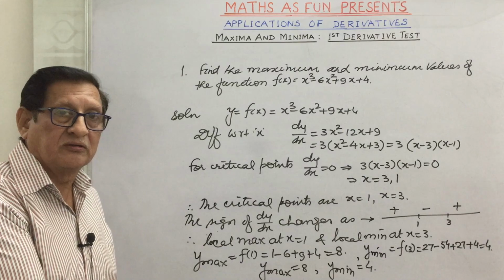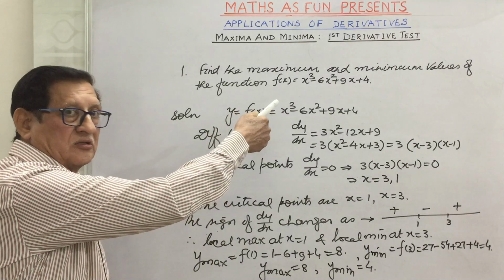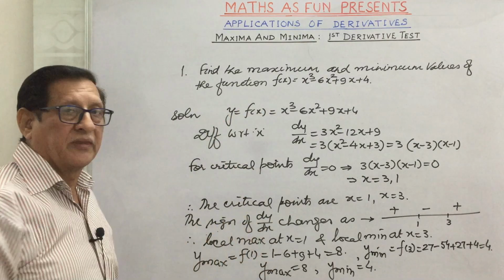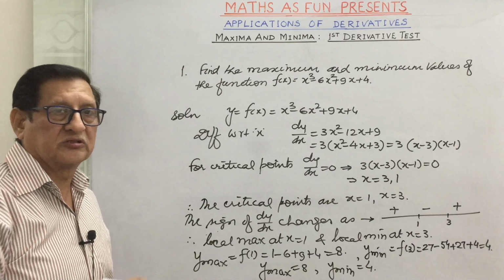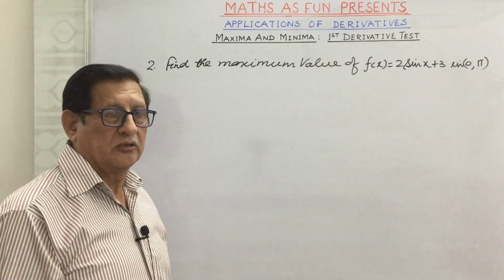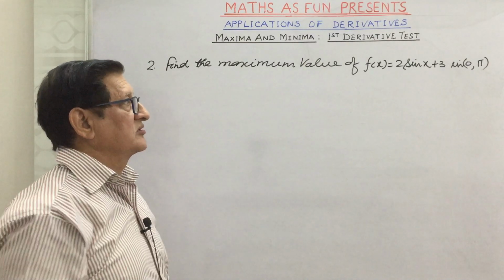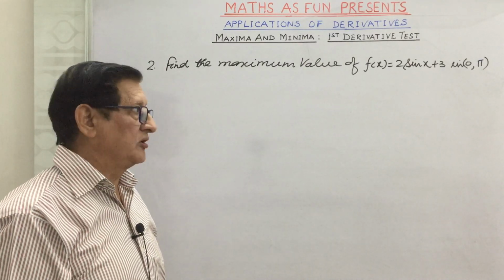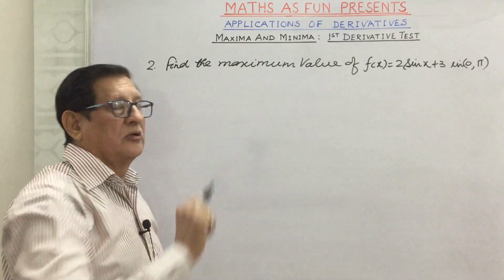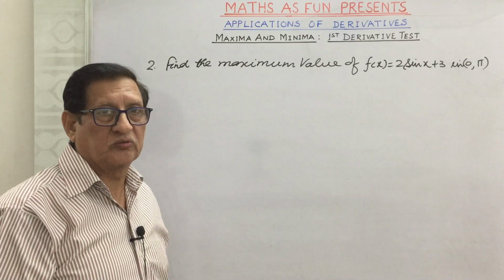Like this, by using the first derivative test, we can find out the maximum and minimum values of the function. The second problem we can take: find the maximum value of f(x) is equal to 2 sin x plus 3 in the interval 0 to pi, that is open interval.